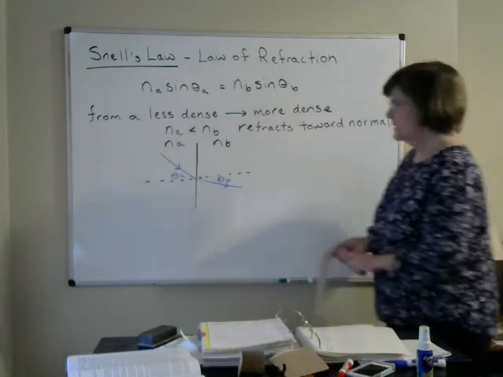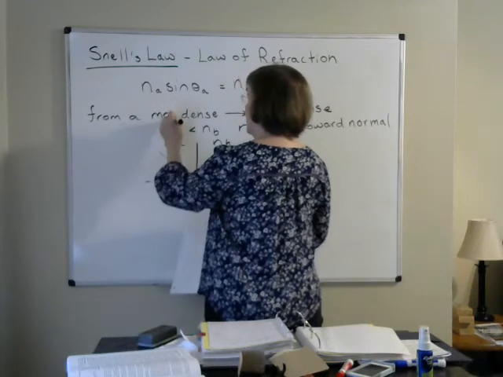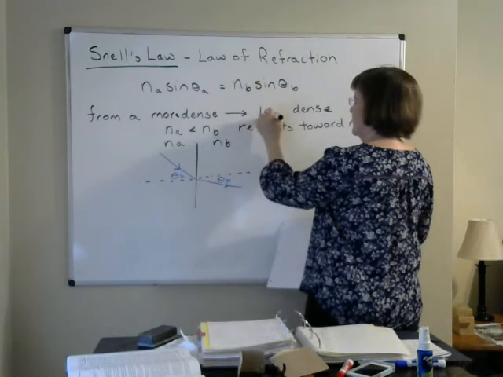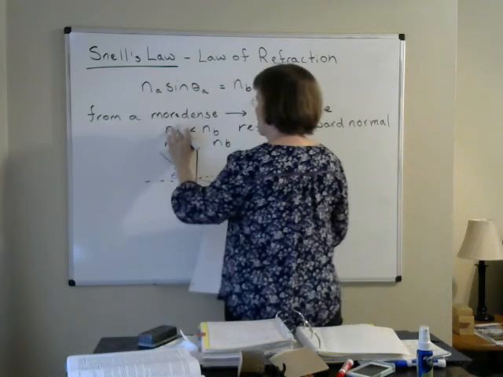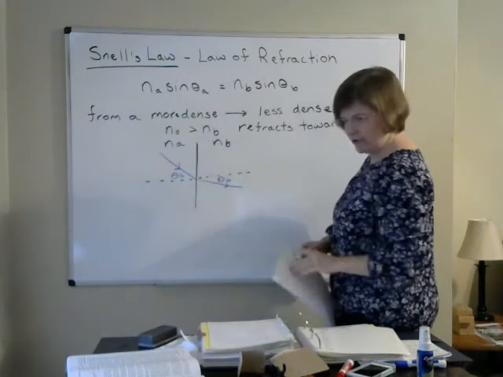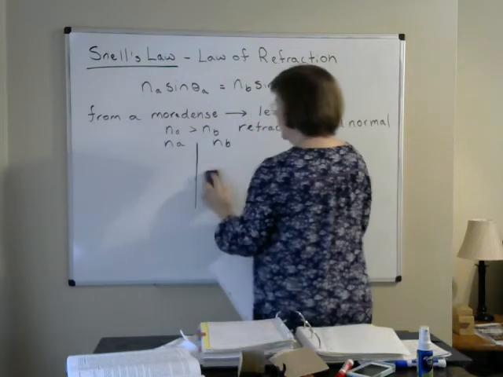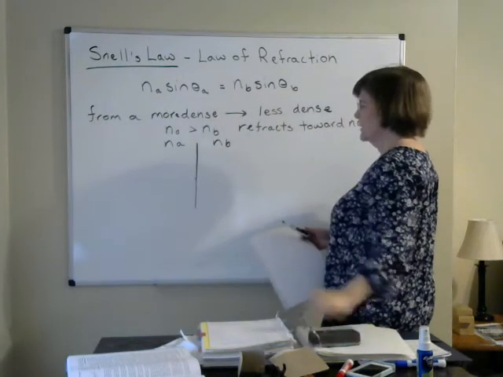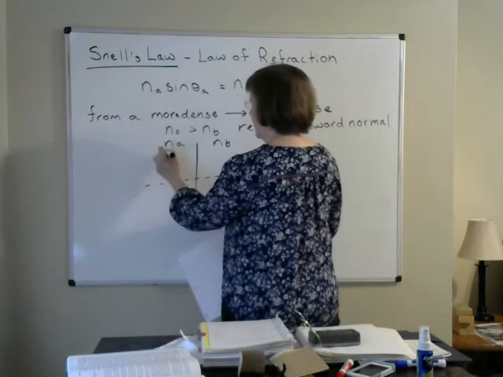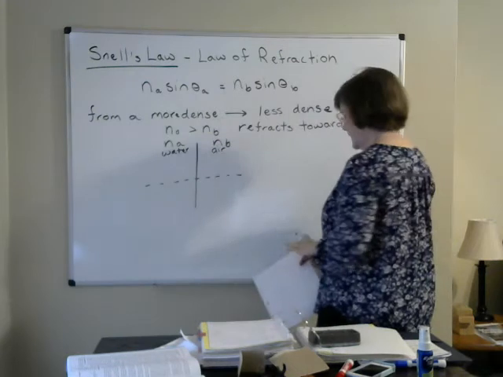If I change this so that I go from a more dense material to a less dense material, in which case the initial is bigger than the final, that changes the way my picture looks. If I'm going from something that is denser to something that's less dense, this might be like water into air. Air is less dense than everything except for a vacuum.